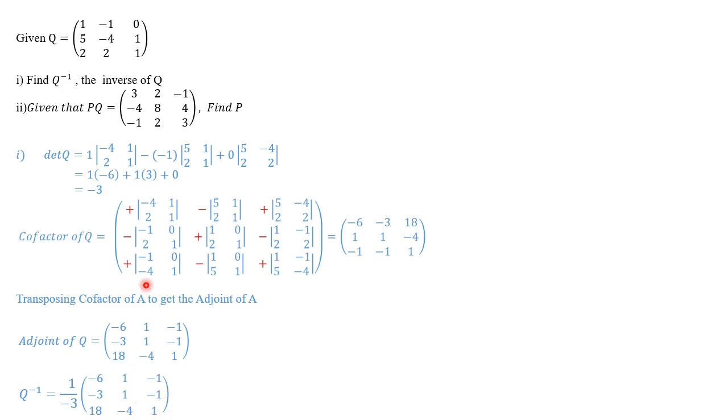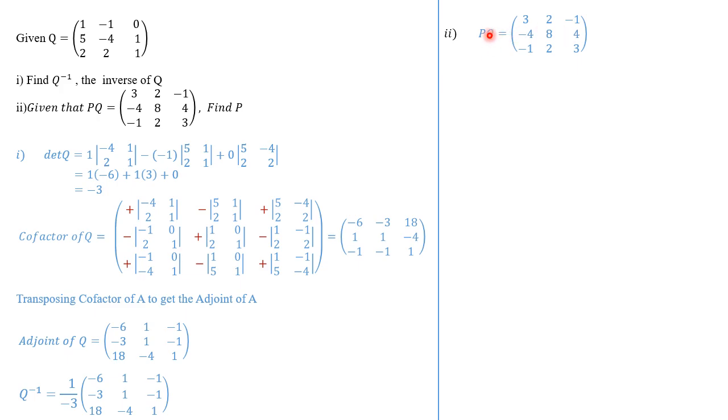Alright, now we go to this part where we are saying PQ is equal to this matrix. So multiplying P times Q will give us this matrix. They are now saying find P. To find P, we are going to multiply by the inverse of Q on both sides.